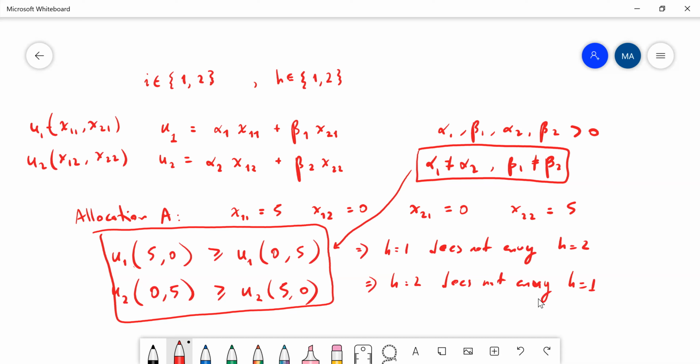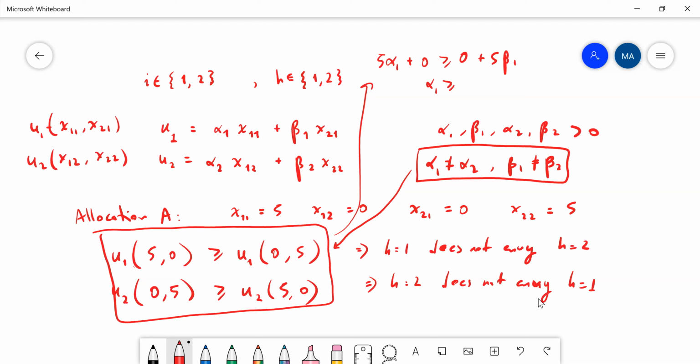So what do we have here? The first condition is 5 alpha 1 plus 0 should be greater than 0 plus 5 beta 1.